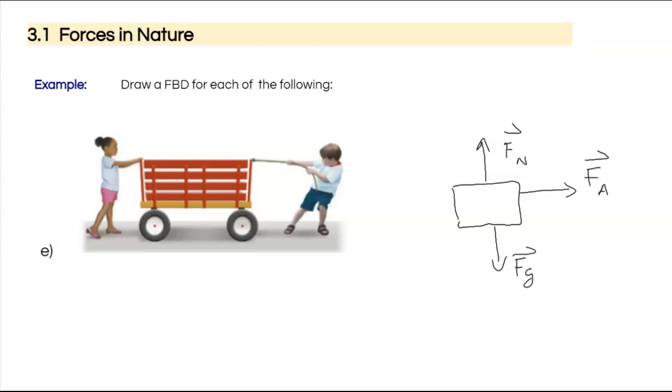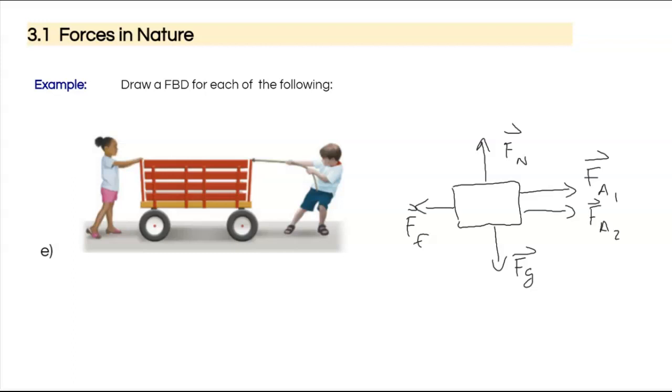And we also see another young person applying a force. So I'm going to differentiate between the one person and the second person by indicating a first and a second applied force. Now, we also can assume that there is likely to be a force of friction acting on the wagon opposite the motion.